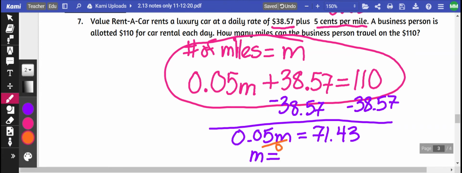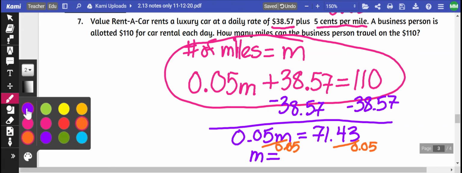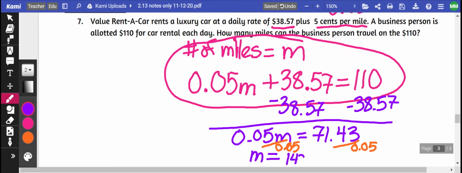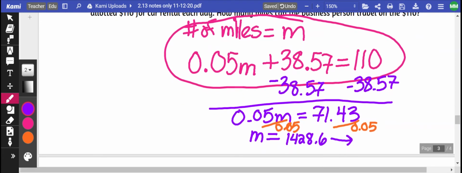Divide by 0.05. And we end up with 1,428.6. Remember, we're talking about having enough money, so we're always going to, with these situations, round down. So this would be 1,428 miles.